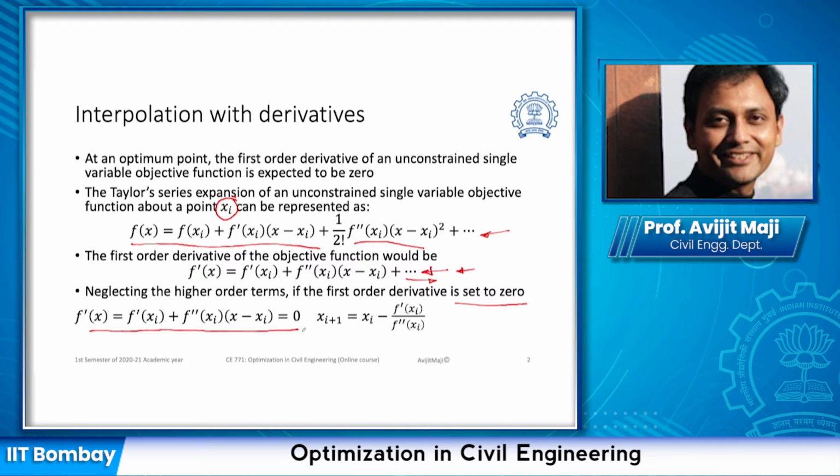Here, x1 is an approximation to the minimum of the objective function, and a better approximation can be obtained in each iteration by this equation, which is derived from this relationship.